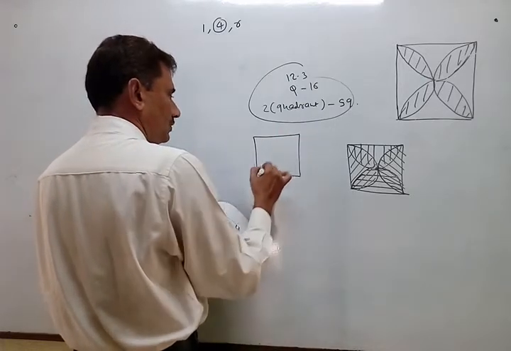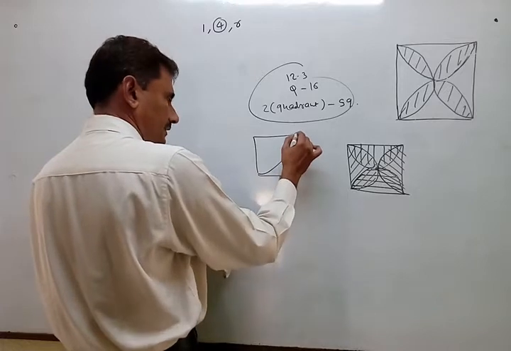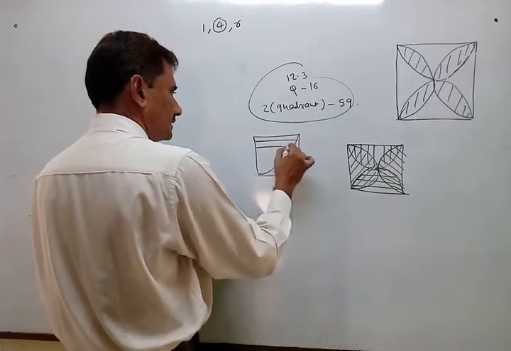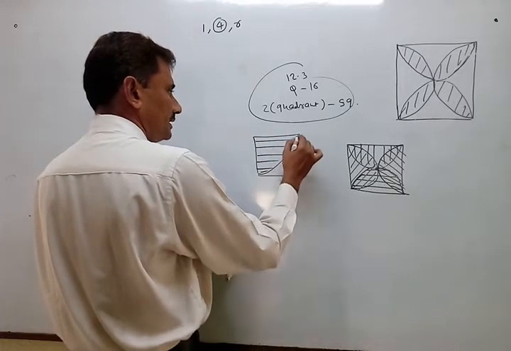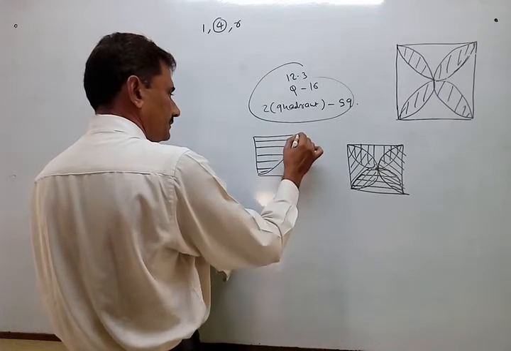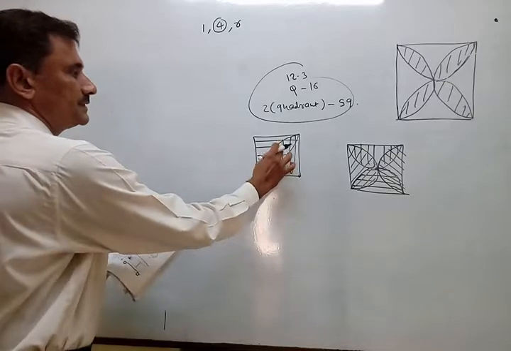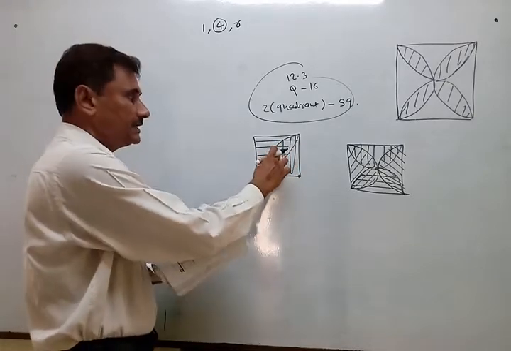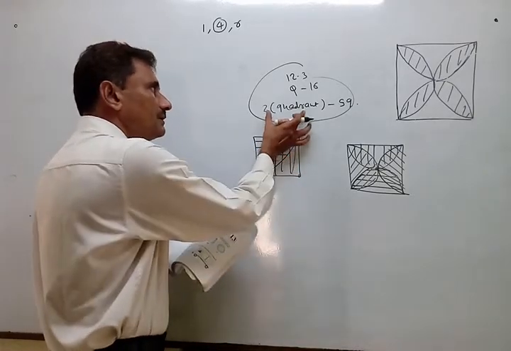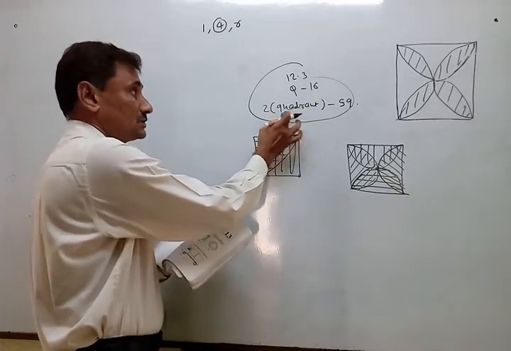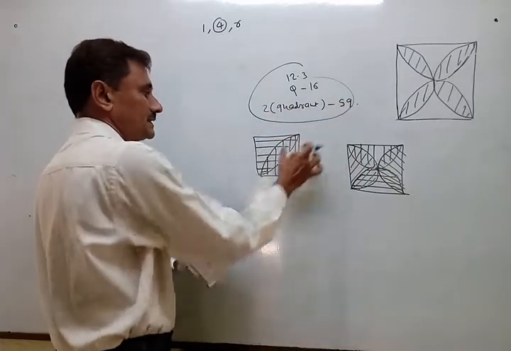If I draw 1 quadrant and then a second quadrant from here, like this, then here also this in-between part was repeating, so we found this way that the answer is 2 times the area of quadrant minus the area of square.